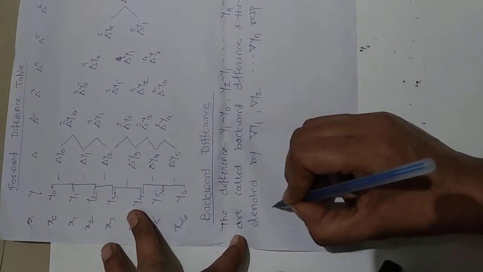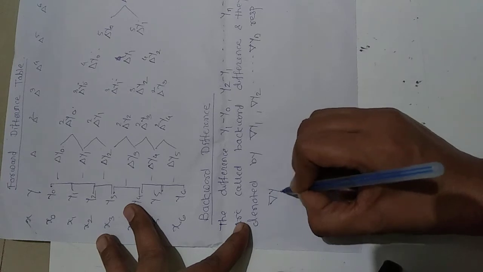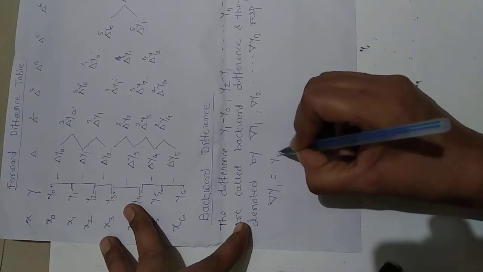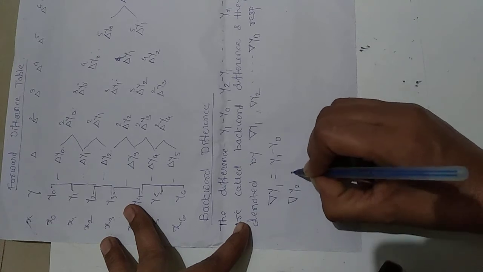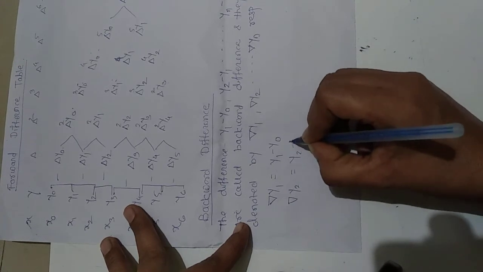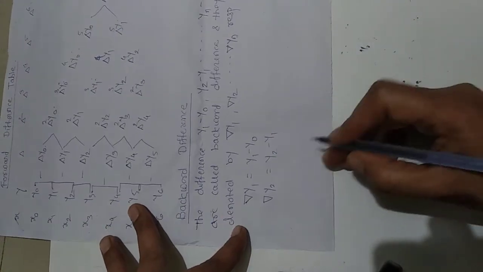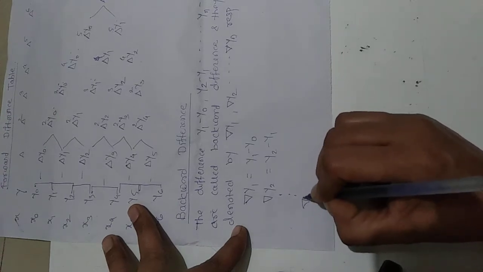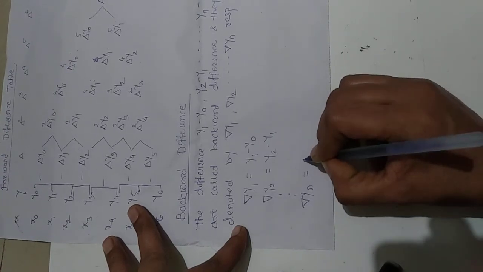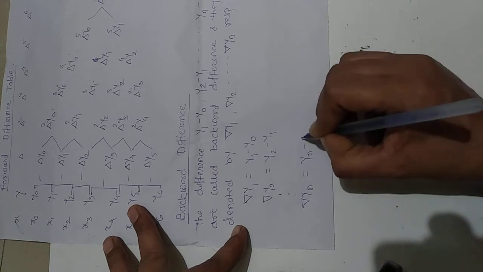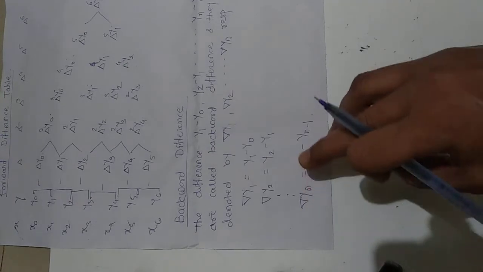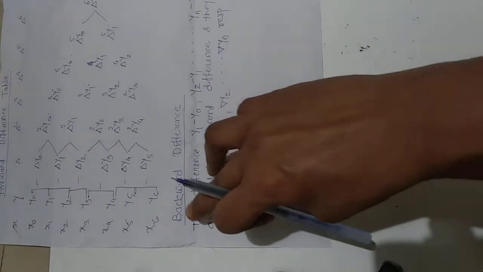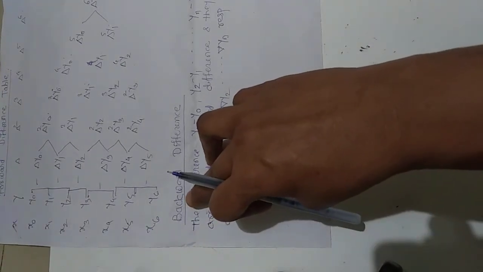so that del y1 is equal to y1 minus y0, del y2 is equal to y2 minus y1, and up to the term del yn, that is equal to yn minus yn minus 1. This del is different from the forward difference operator.